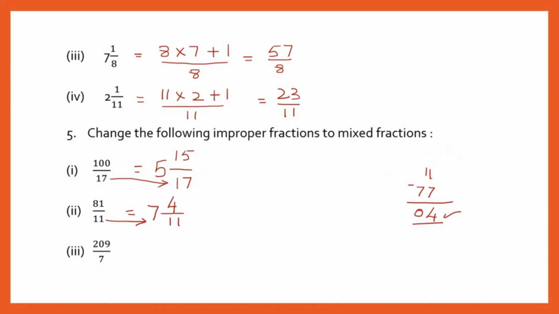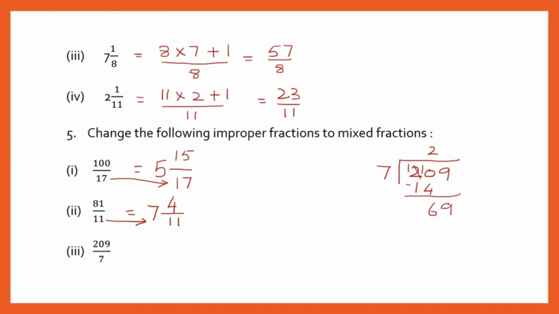Third one is 209 by 7. Okay, let's divide 209 by 7. Normal division, 7, we have 20 here. Let's get a number close to 20. 7 2s are 14. Minus, let's continue our division. I have to borrow, so 10 minus 4 is 6.